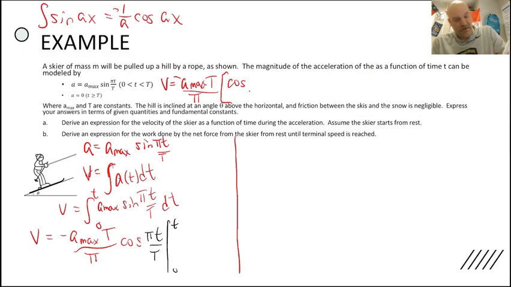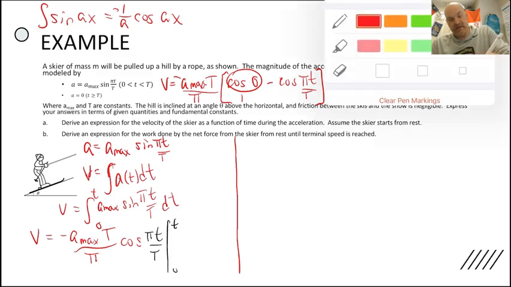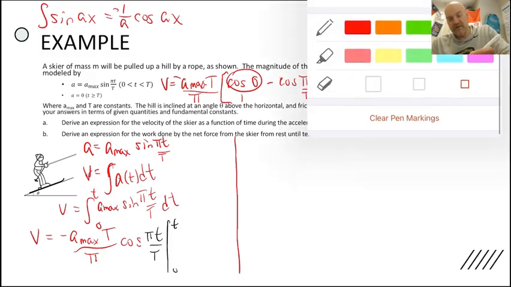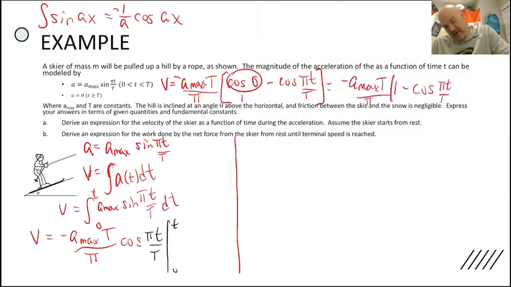You're going to end up with cosine of 0 minus cosine pi t over T. And remember, this is 1. So our function for velocity is negative a max T over pi, and it should be capital T, not lowercase t, times 1 minus cosine pi t over T. Okay, so that is our velocity function.